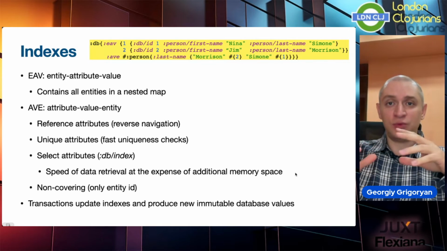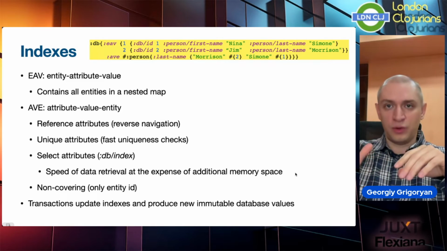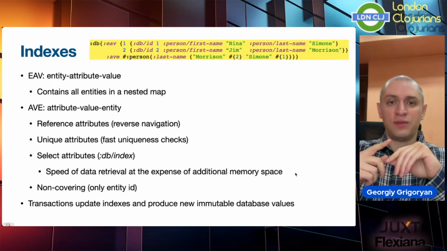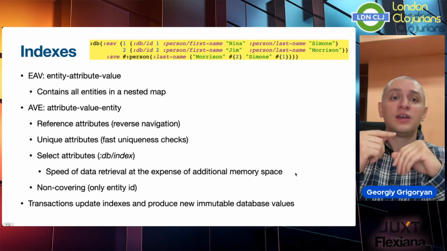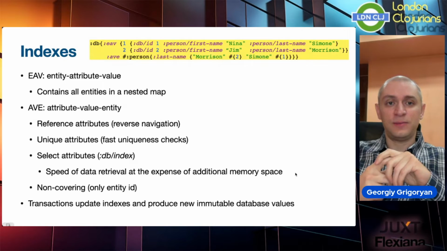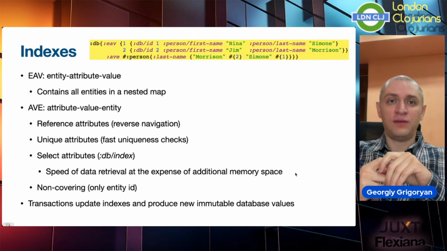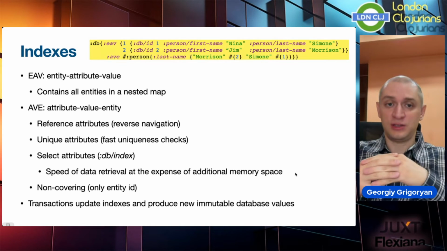So if some attribute you declare in your schema is a reference, we'll automatically index it in the AV index. And we need it because we can navigate our references in reverse as well. We can go backwards. And to do that quickly, we need to have that AV index. And unique attributes also get automatically placed in the AV index because we need to be able to perform fast uniqueness checks when we transact.